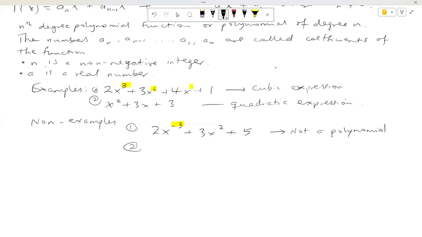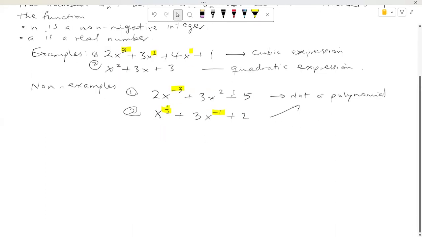Another one which is not a polynomial function would be something like x to the power 1/2 plus 3x to the power negative 1 plus 2. It's also not a polynomial function because you have a negative exponent over here, and also a fraction as the exponent. So these are not polynomial functions.